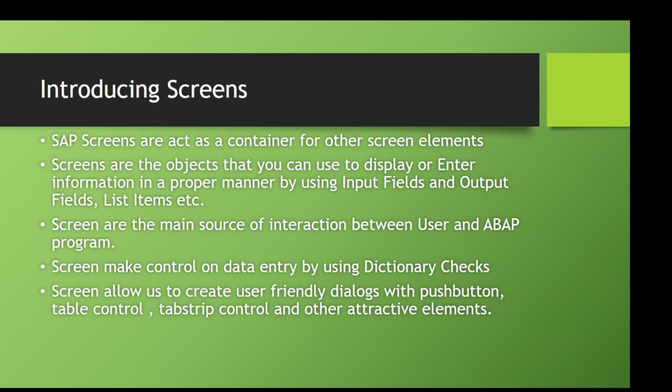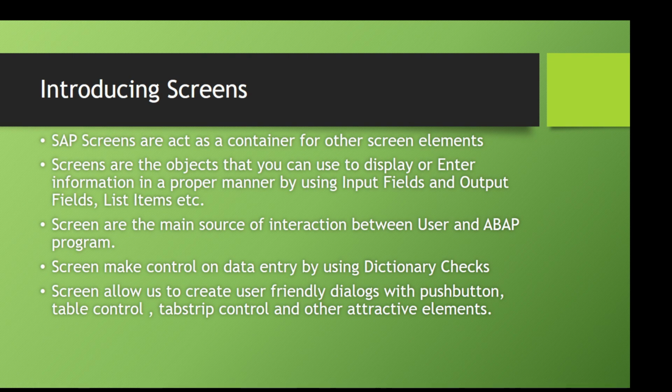Let me introduce what screens are and what the purpose of screens is. So SAP introduces SAP screens as the container of other screen elements like buttons, tab controls and tab strips.